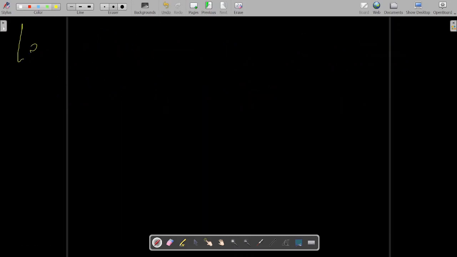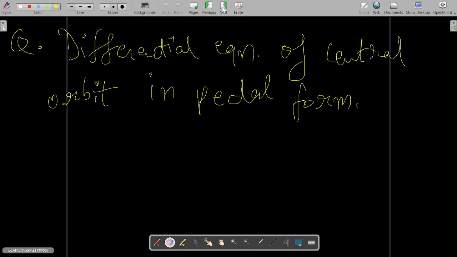Now how does the equation of central orbit in pedal form look like? Okay, so your pedal form equation looks something like this.